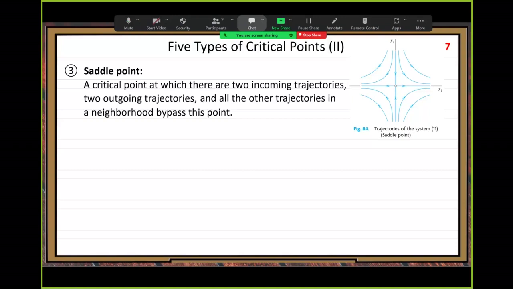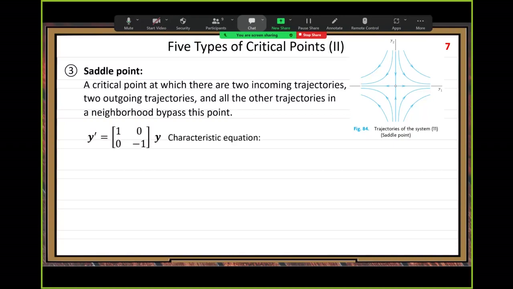They do not pass through this point. So you can see it is quite different from our first type, where all trajectories touch the critical point. So that's the saddle point.